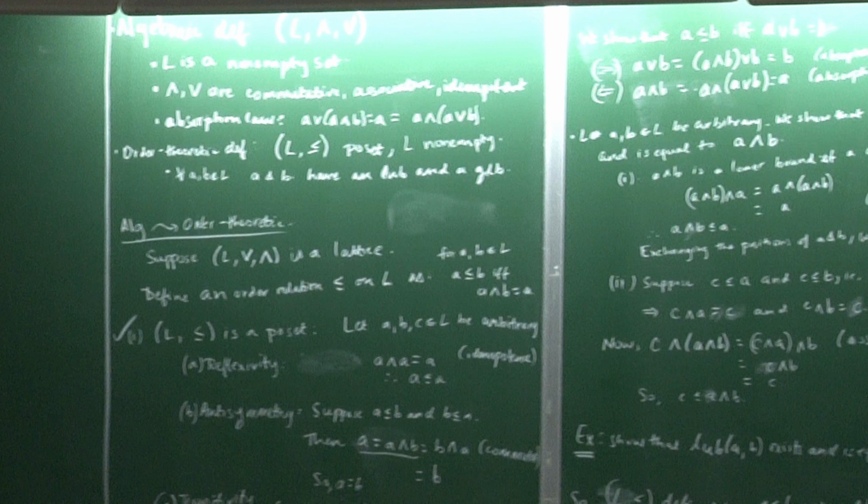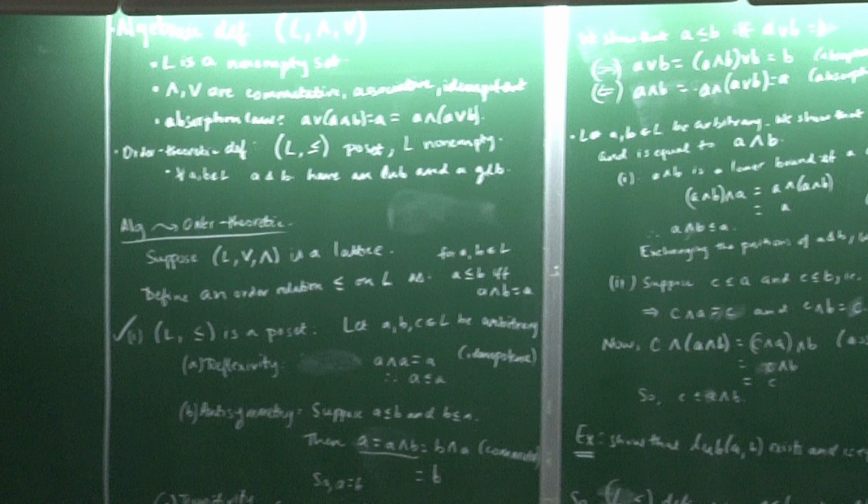Okay, so I am doing question number 6, where you have to show that the two definitions of a lattice that you've seen in class, the algebraic one and the order theoretic one, are equivalent. Which means that if you have the algebraic definition, then you can define an order theoretic structure on it which is consistent with what you already have, and vice versa.